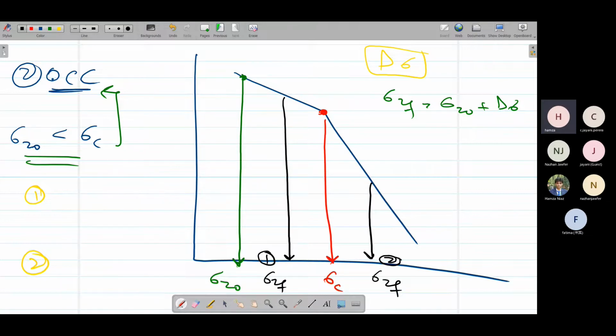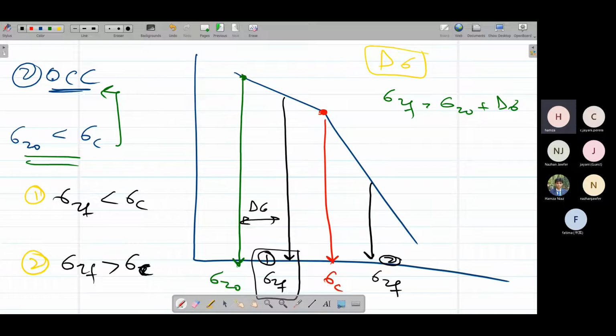Sigma Z naught would always be less than sigma C, that is sure. After the application of stress, if sigma ZF is still below sigma C even after applying the delta sigma load, we call this case 1. And if sigma ZF has increased more than sigma C, we call this case 2.